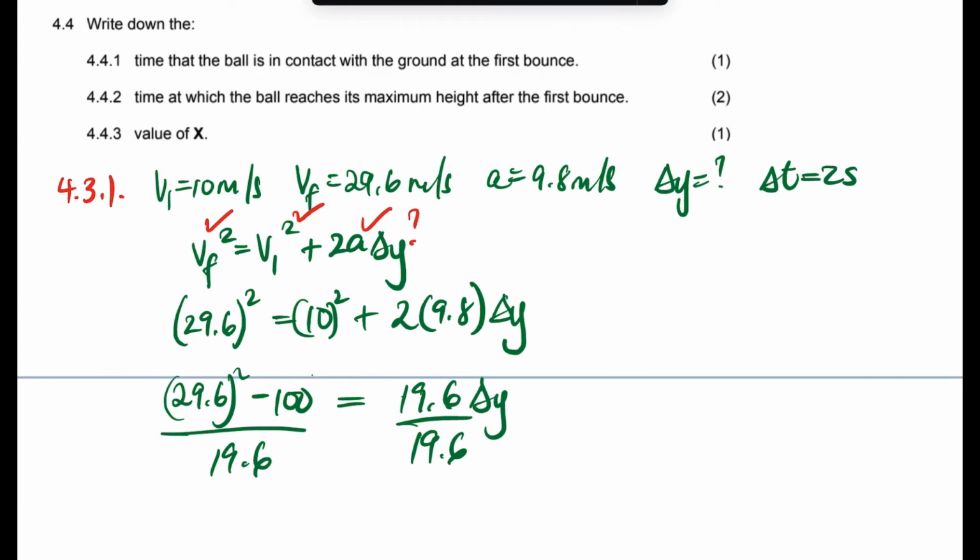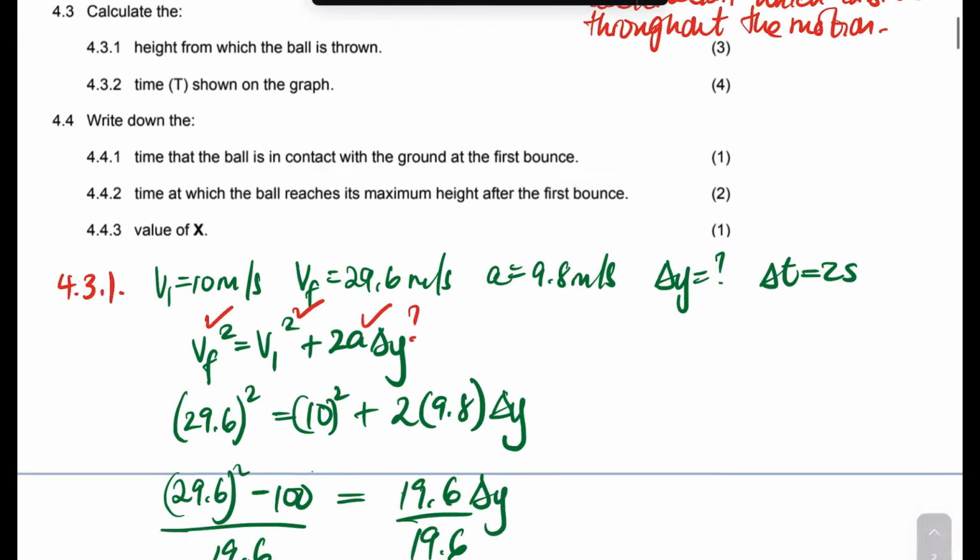The 19.6 is positive, so when I quickly punch that in the calculator, it's 29.6 squared minus 10 squared, which is 100, divided by 19.6. So the answer there, which is the displacement, it's 39.6 meters.